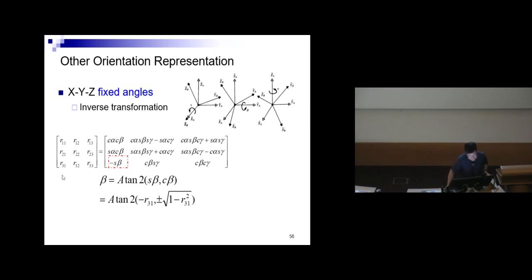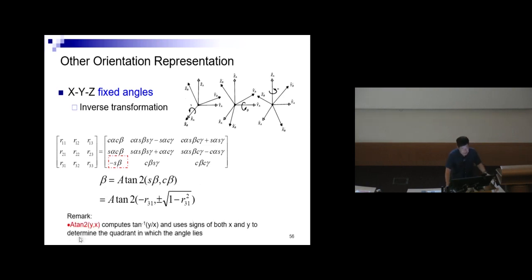For example, my R31 will be equal to minus sine beta. So beta itself will be equal to the arctangent of sine beta and cosine beta. The arctangent of x, y essentially computes the tangent inverse of y over x, and uses the signs of both x and y to determine the quadrant in which the angle lies.